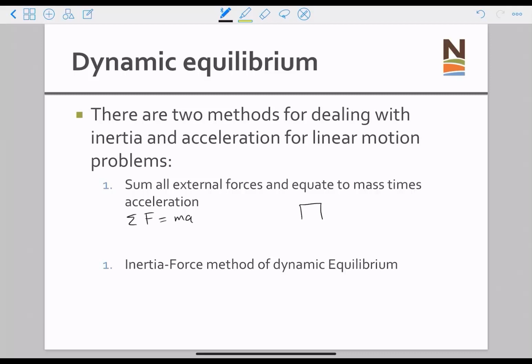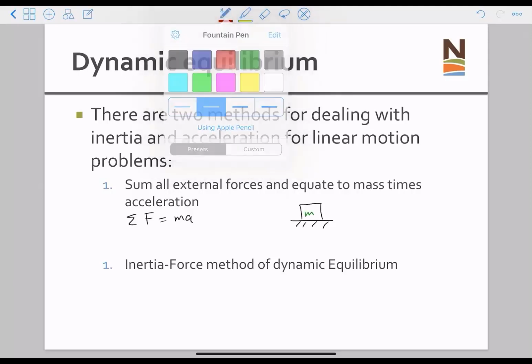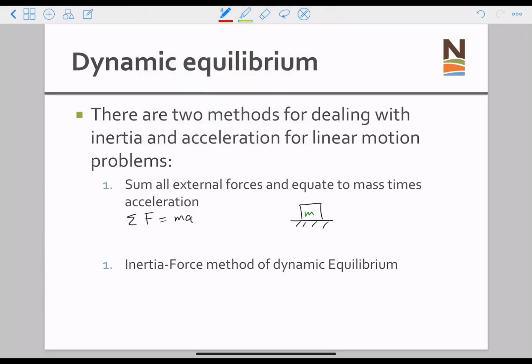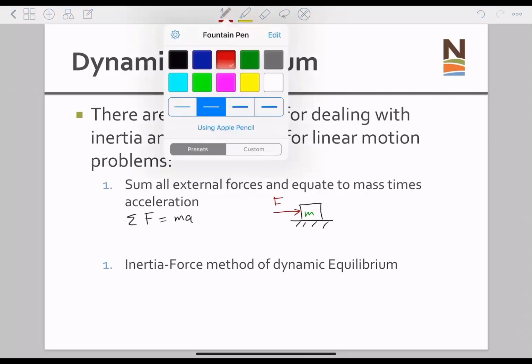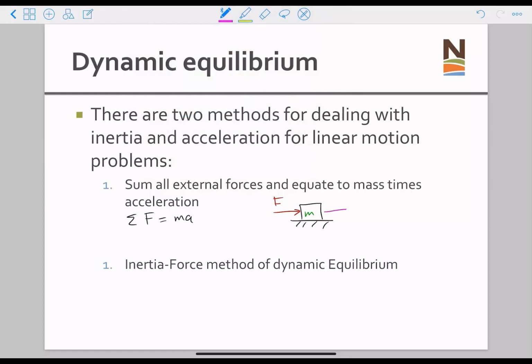So again, we draw that box that has a mass, and we apply an external unbalanced force. Then we know that that box moves in that direction with an acceleration.